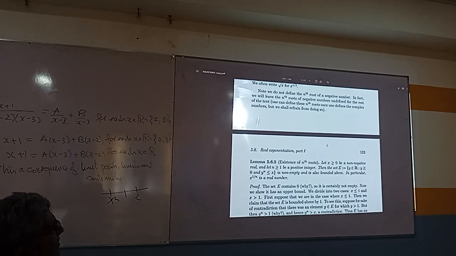Now we do not define the nth root of a negative number. In fact, we will leave the nth roots of negative numbers undefined for the rest of the book. One can define these nth roots once one defines the complex numbers, but we shall refrain from doing so.